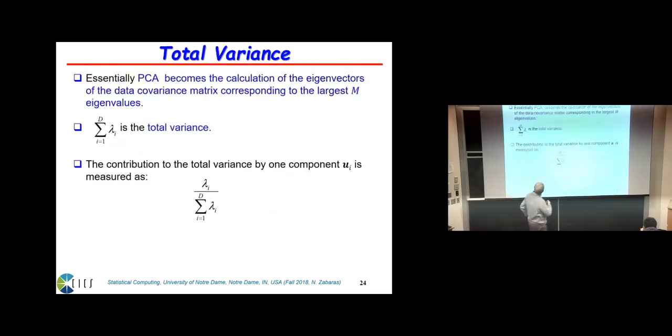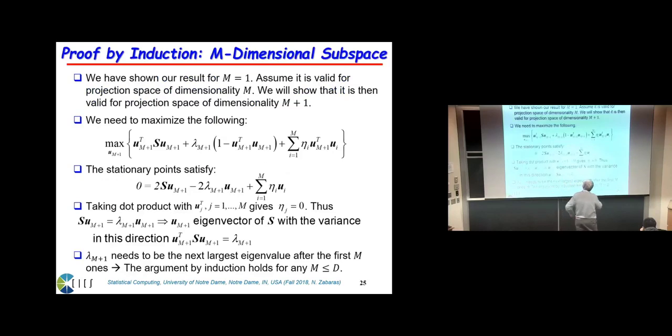So effectively, let's say you have done this problem up to dimensionality m, and you want to select m plus 1. In our case, let's say this is u2. We're going to maximize the projected variance in u2, but at the same time, we need to be sure u2 is a unit vector, and that u2 is orthogonal to all the previous u's.